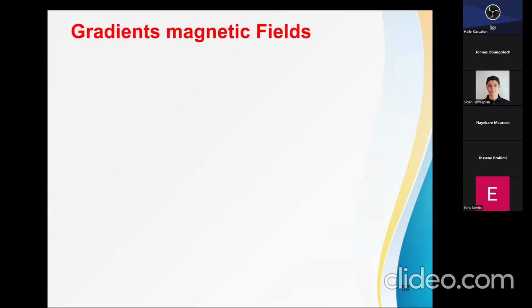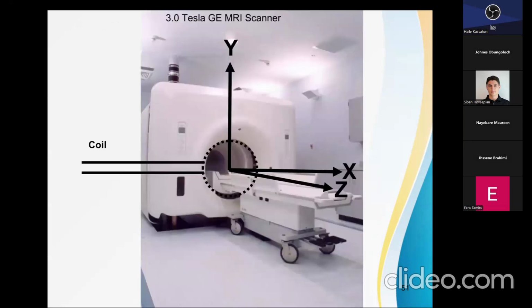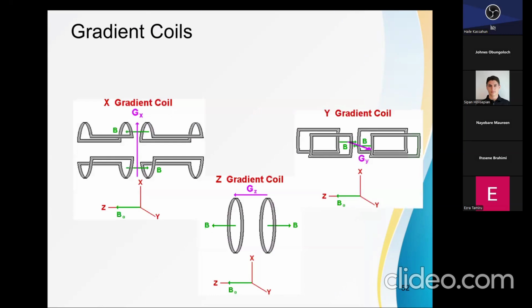But the other important hardware, without which it will be very difficult to perform imaging, is the gradient magnetic fields. These gradient magnetic fields provide a spatially varying field within the X, Y, and Z directions of the magnet. You have to wind them and insert them inside the main magnet.